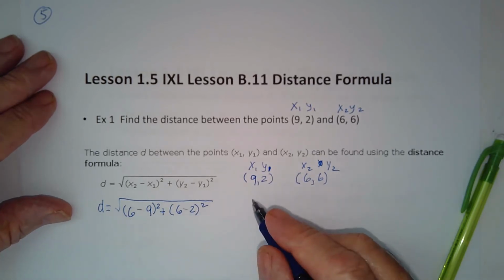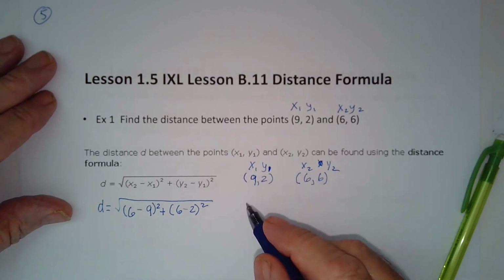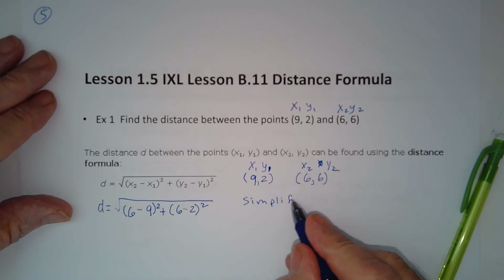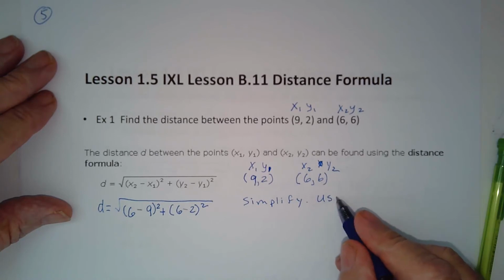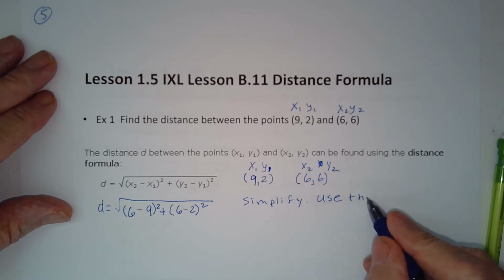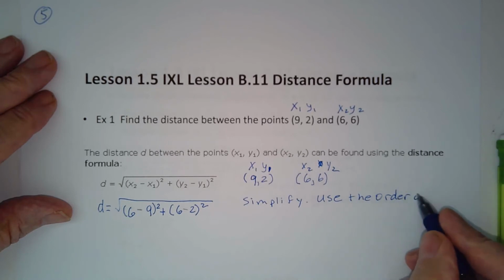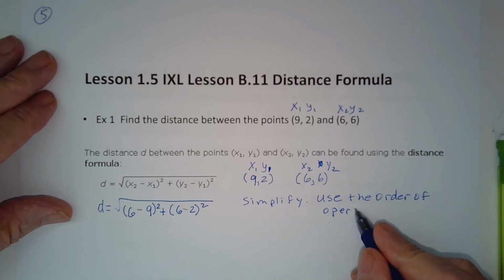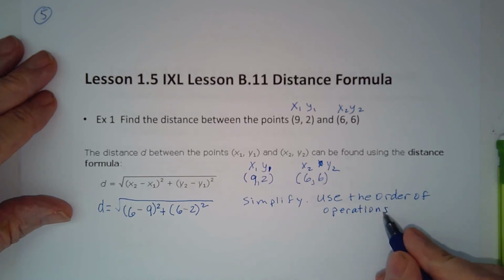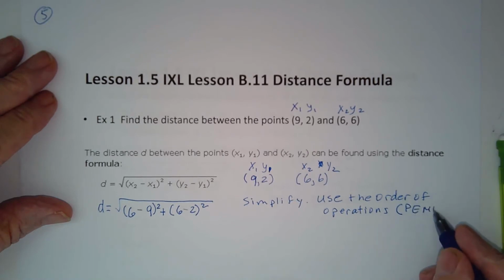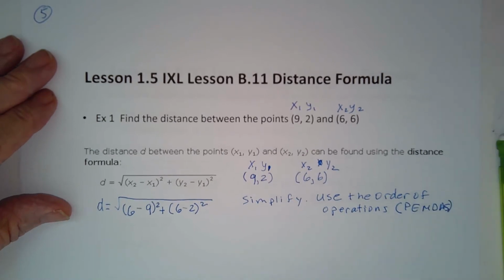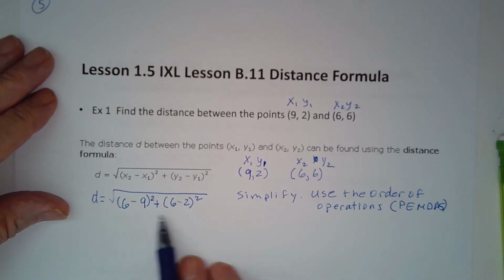Then what you're going to use to come up with your answer for the distance is you're going to simplify, which means you're going to use the order of operations, and in particular the order of operations is PEMDAS. Okay, so you're going to use PEMDAS.